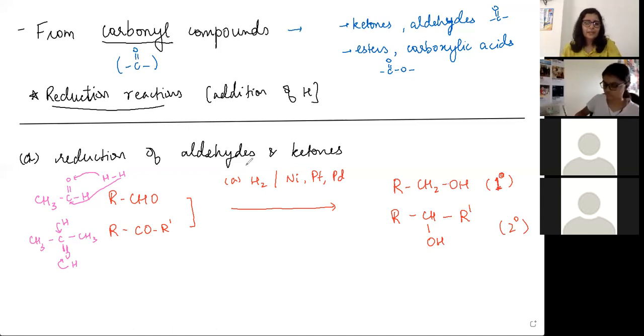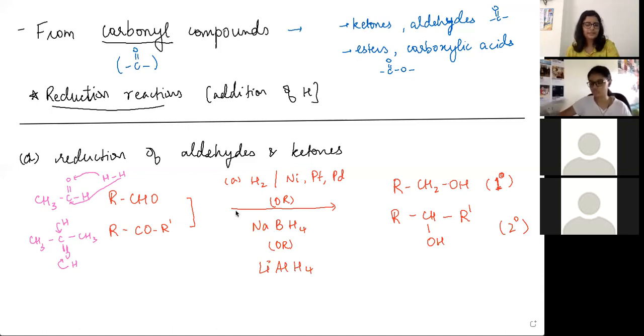Other sources of hydrogen that can be used in place of this would be NaBH4 and another popular source, LiAlH4. So these are the three reagents.